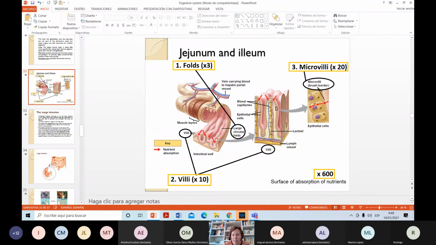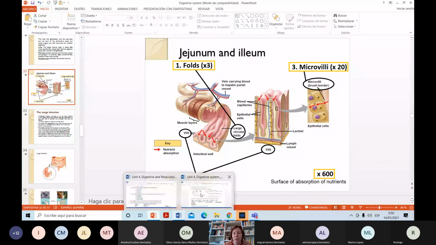And they do it easily because these layers, that with a magnifying glass seem to have rectangular cells lining them. In fact, those rectangular shape cells have this brush border, borde en cepillo que se dice, brush border, that increase the surface of absorption 20 times.